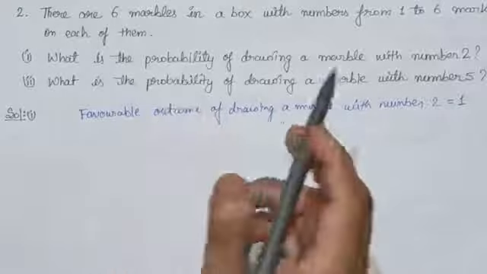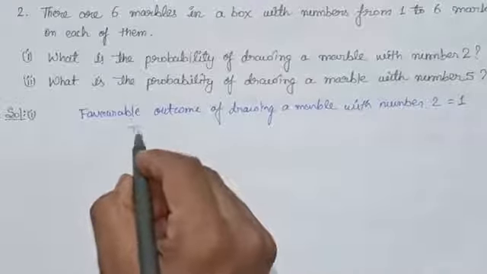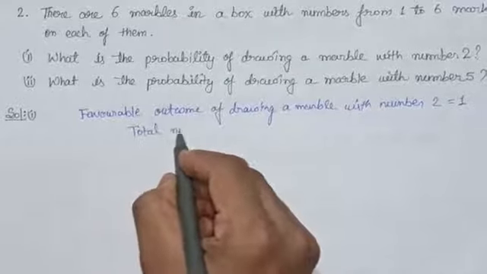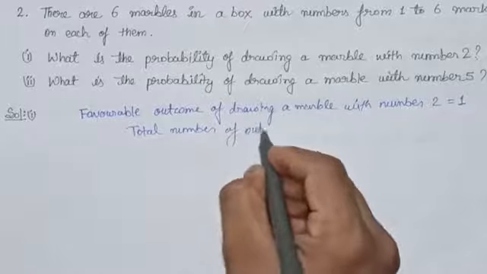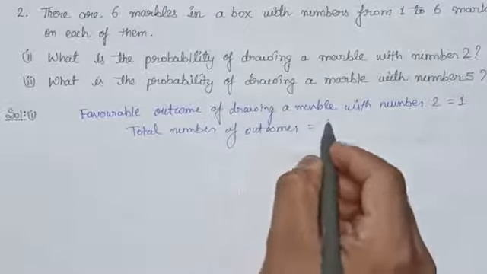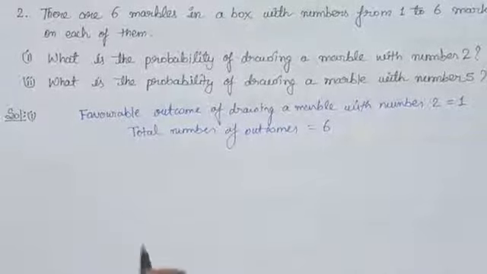But the total number of outcomes is 6. Why? Because there are 6 marbles in the box.